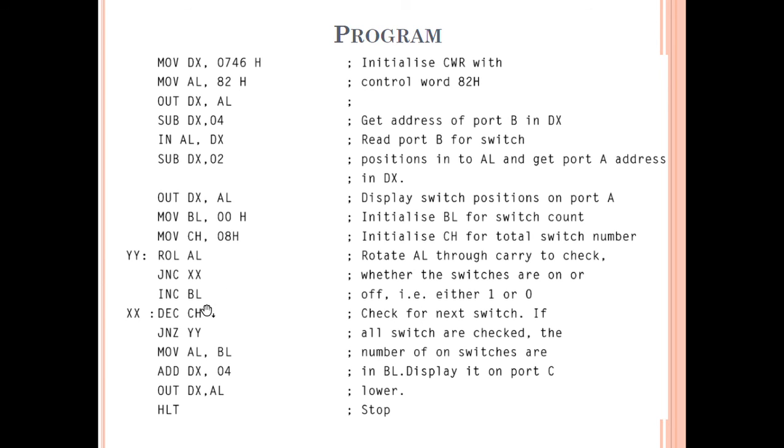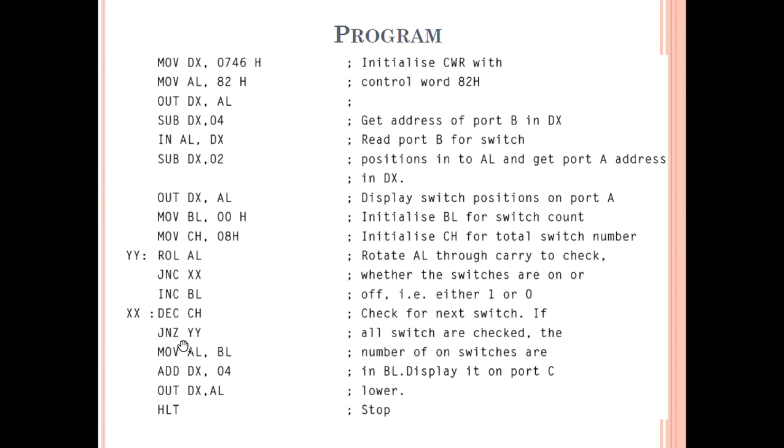If we have 1, that is the LED was on, then we have to increase the counter. We have done it here, INC BL, and then sequentially going down, decrease CH. So the counter is decreased.